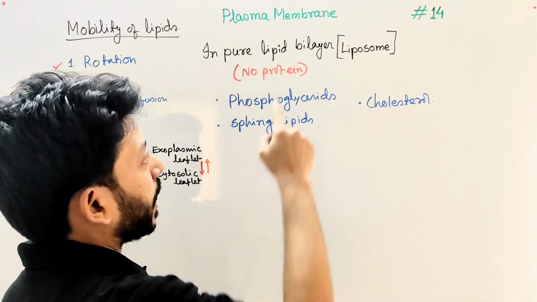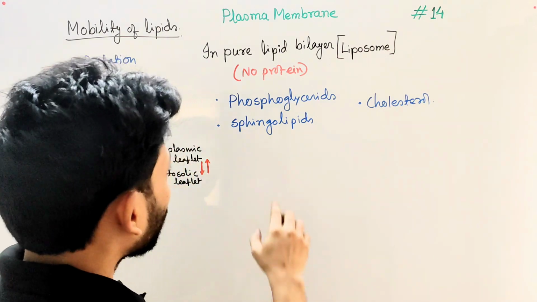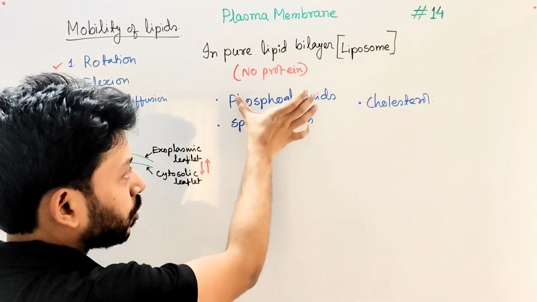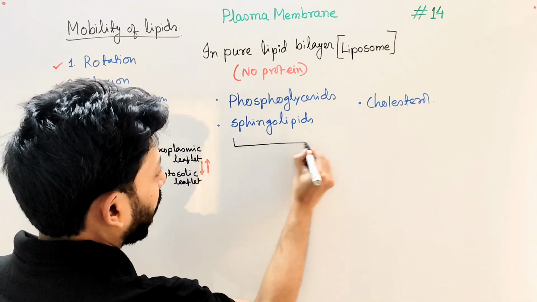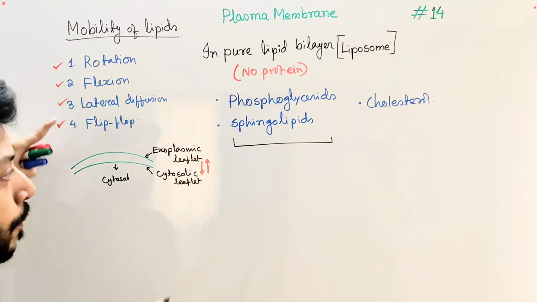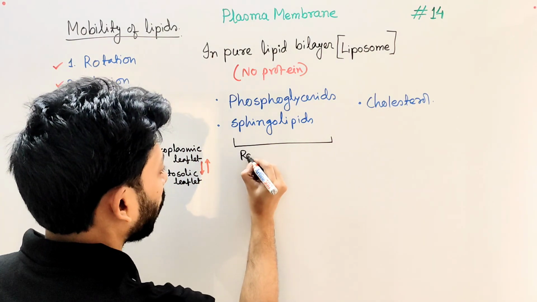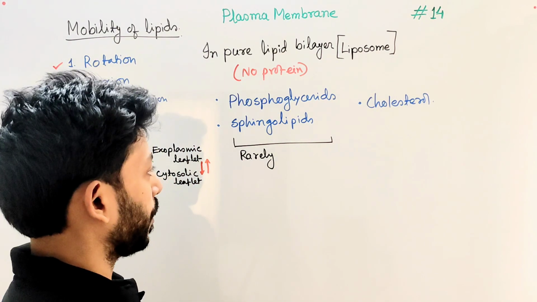In pure lipid bilayers, in the absence of proteins like liposomes, phosphoglycerides and sphingolipids, these 2 kinds of lipid molecules can show rotation, flexion, lateral diffusion, but rarely perform flip-flop movement.